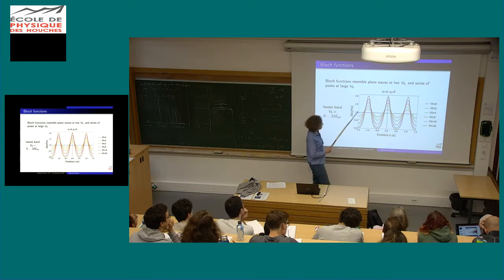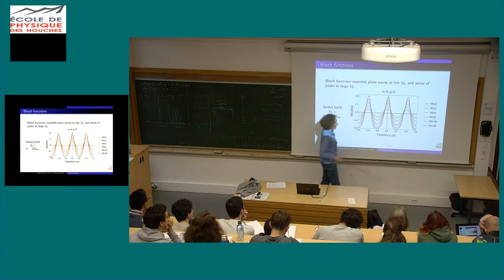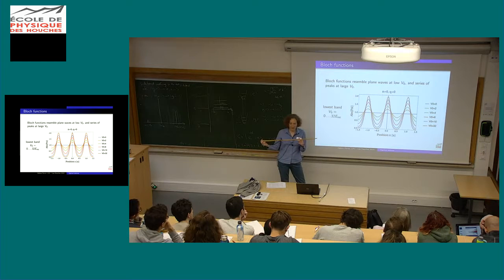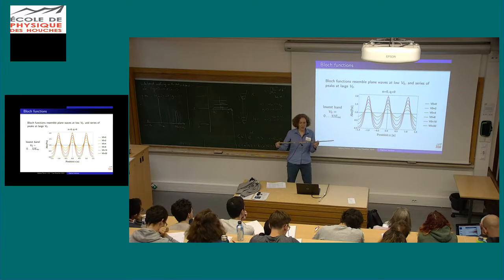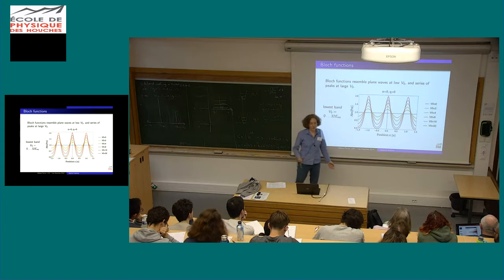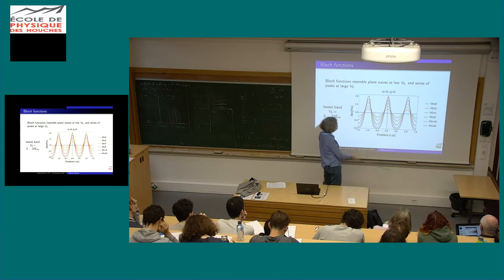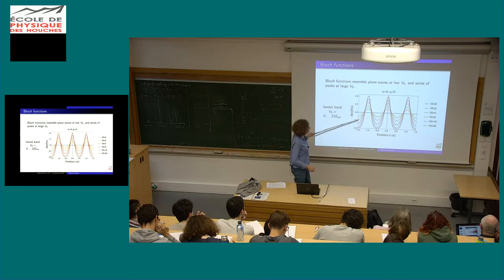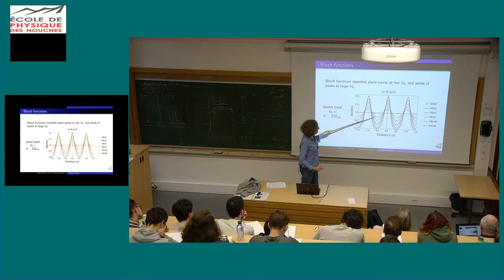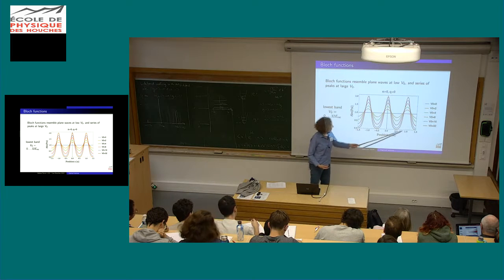Of course, for 0 lattice depth it is flat because the solution is just a plane wave, and the modulus of a plane wave does not depend on position, it's always 1. Once you add a lattice, you see that the wave function is modulated with a higher probability where there is a well, so at 0, minus a period, plus a period.